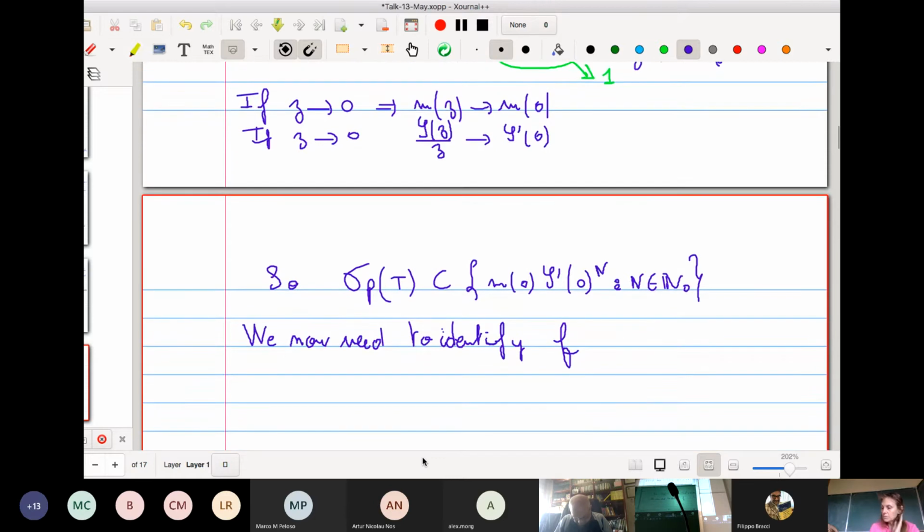So we have Tn f equal lambda to the n f for all n.